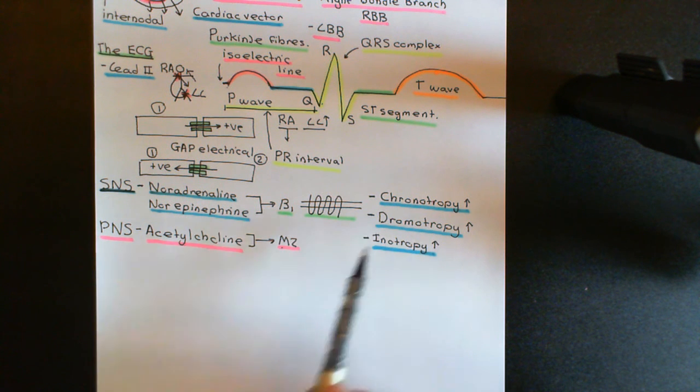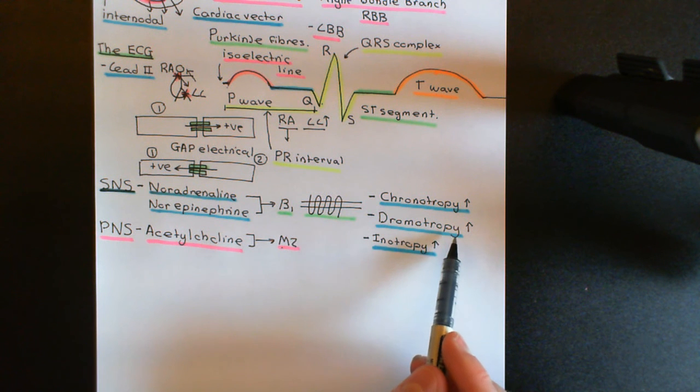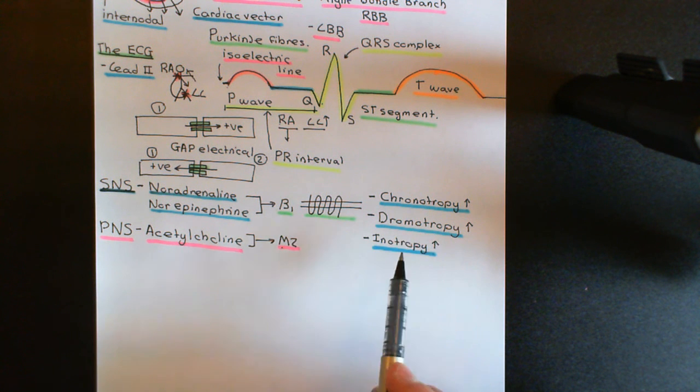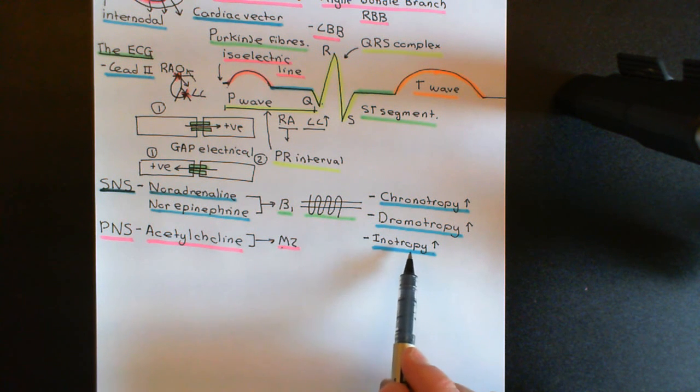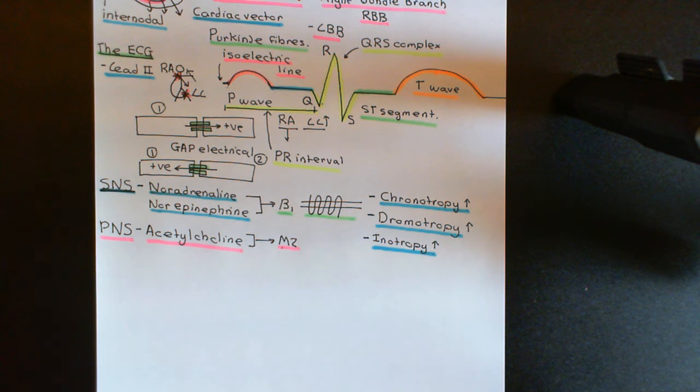It will also cause the atrioventricular node cells to conduct action potentials at a lower rate, so it'll cause a negative dromotropic effect. And finally, on the contractile cardiomyocytes themselves, it will cause a negative inotropic effect. It will make those cardiomyocytes contract less hard whenever they get an electrical signal.